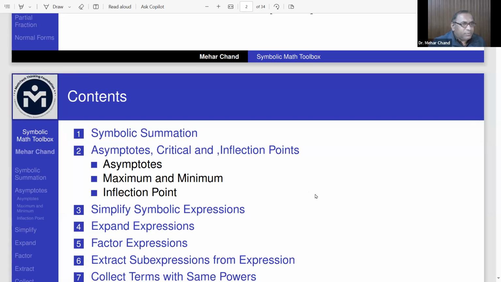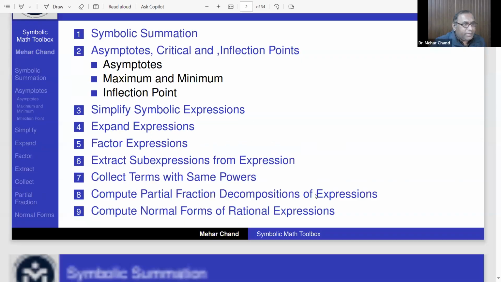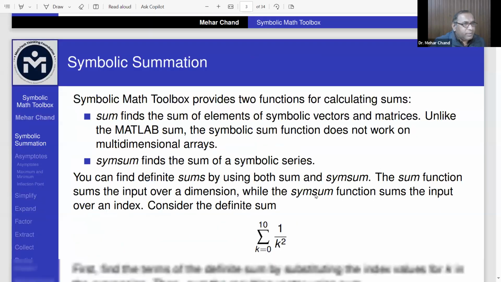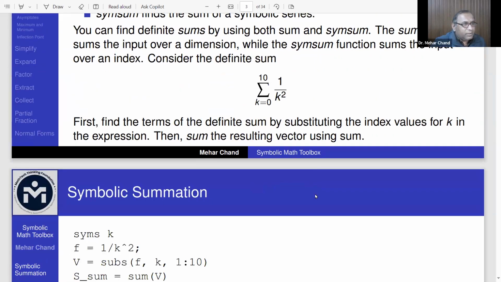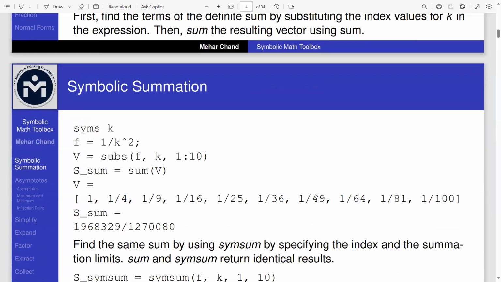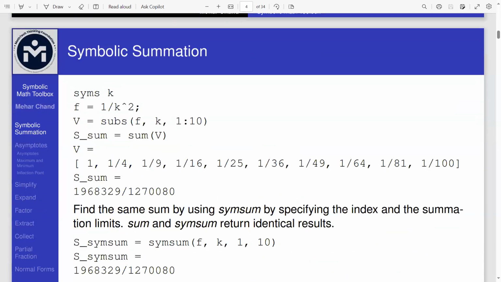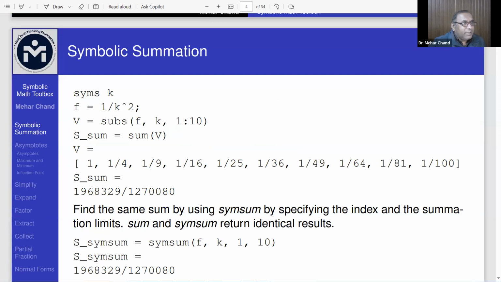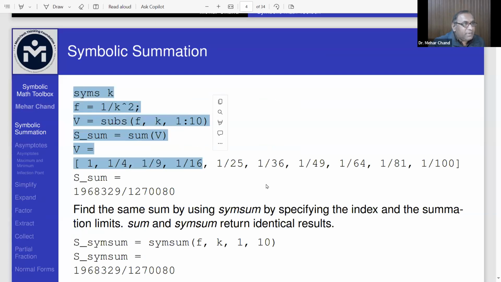So here you can see we have the symbolic summation. Did you try this slide?